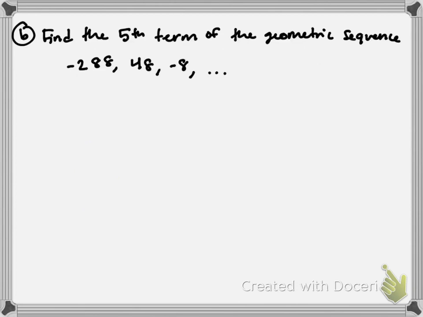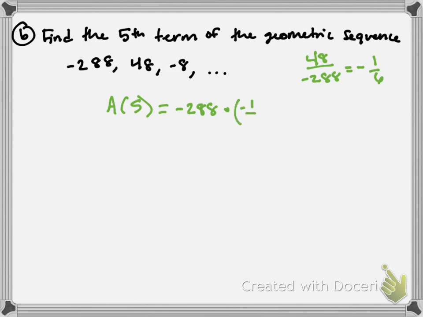Find the 5th term of the geometric sequence. So again, I'm going to find the value of the 5th term, and that's equal to the first term, -288, times the ratio. Well, this one didn't give me the ratio, so I have to find it. So I'm going to take 48 divided by -288, which is -1/6. So -288 times -1/6 to the 4th.